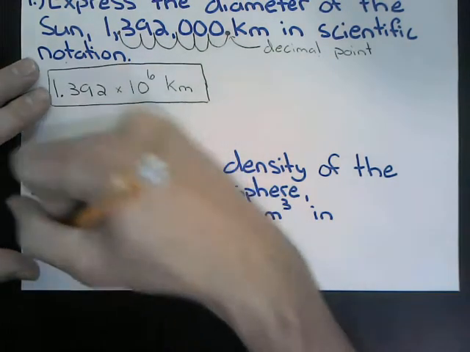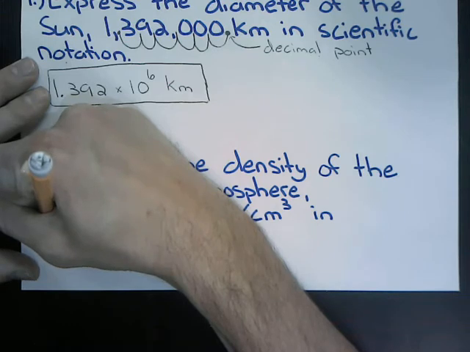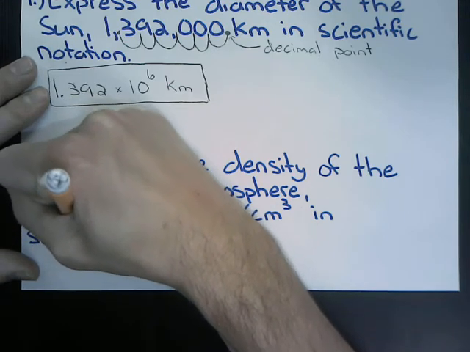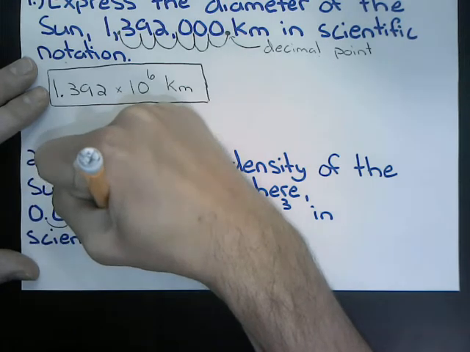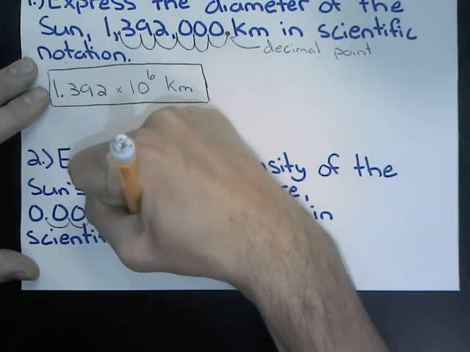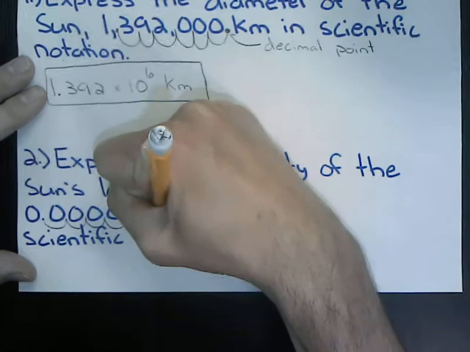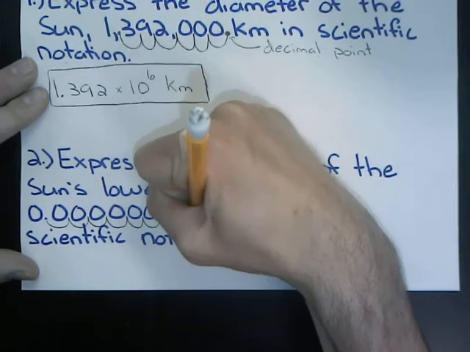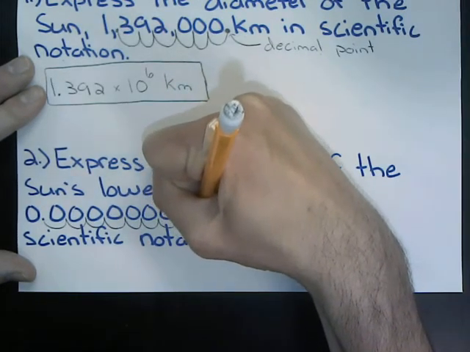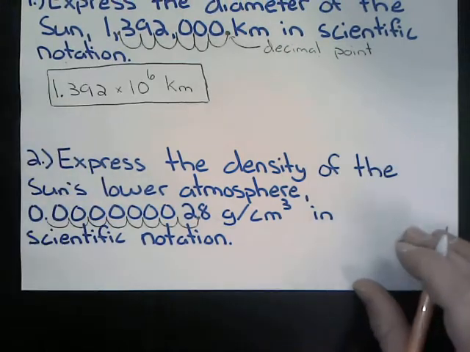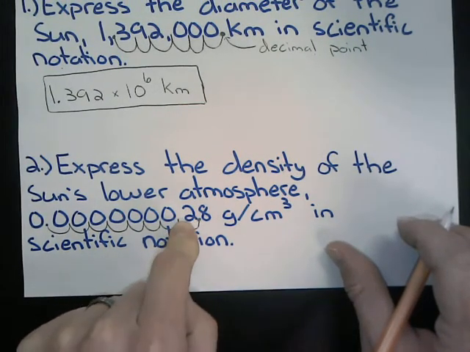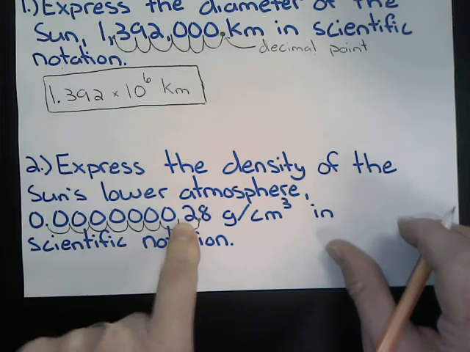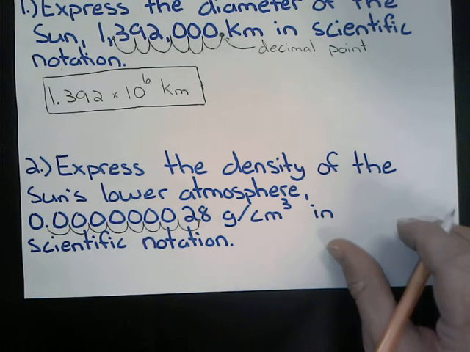So all I'm going to do is start at my decimal, and I'm going to go in between and make my humps. So I have 1 hump, 2, 3, 4, 5, 6, 7, and 8. Now again, how do I know how to stop? Well, when I have one number to the left of my new decimal, I stop. Okay? So that's how I knew how to stop there.